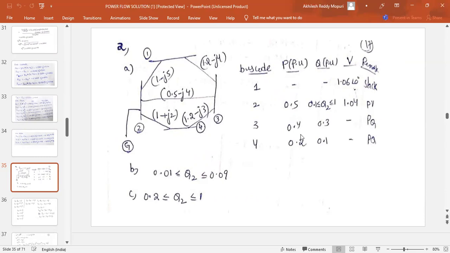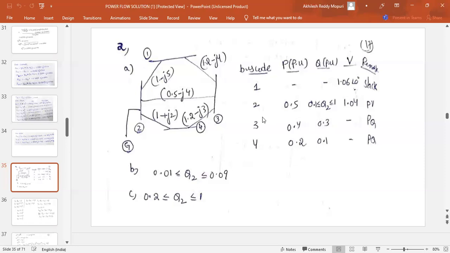So third and fourth buses, I won't explain again how to do. Since they are PQ buses, you can find out the voltage, convert that into polar form, and then take the magnitude as V and the angle as del: del 3 and del 4, V3 and V4.